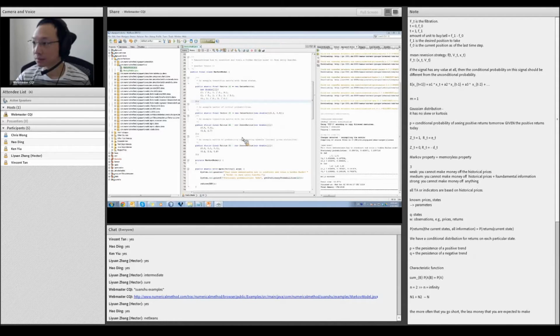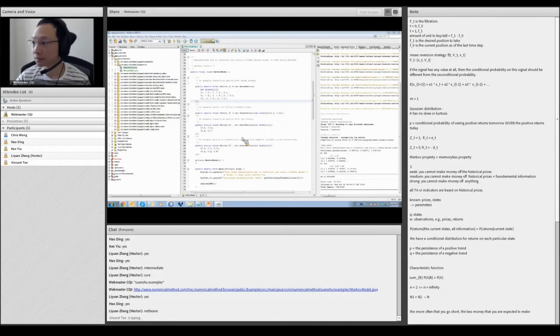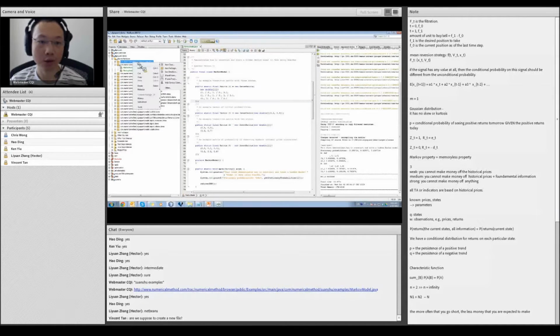What I would suggest is to create a new package first. If you open up AlgoQuant demo, you can right click and say new package, and then type in a new package name, say CQI, and hit OK. After you have this empty package, you create a new class called Markov model.